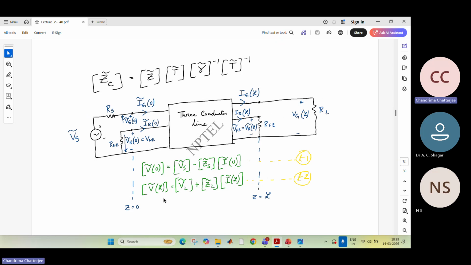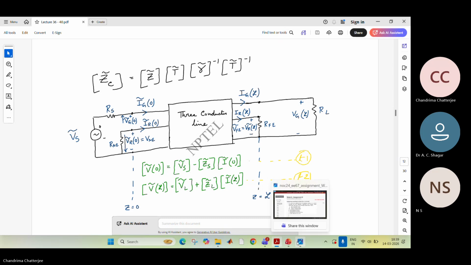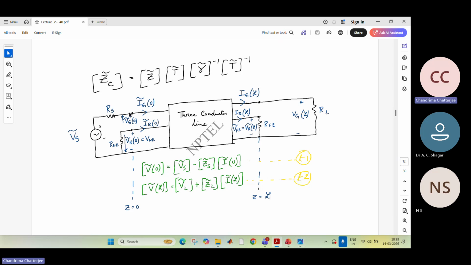So this is the load side voltage, this is the source side voltage. Actually, we are talking about these voltages. These are the port voltages: VG0, VR0, and this is also a port voltage.